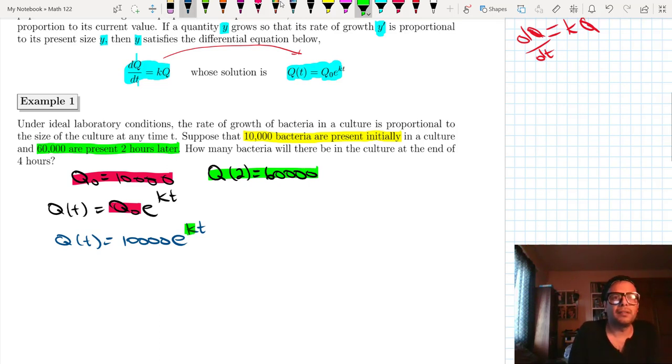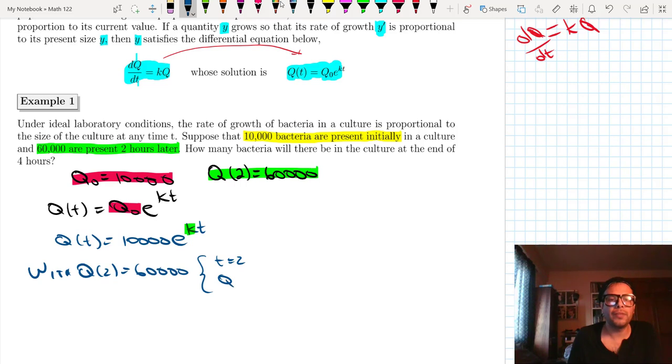What does that mean? What does Q of 2 equals 60,000 mean? This means that when t equals 2, Q equals 60,000.